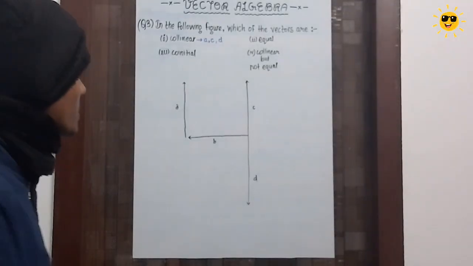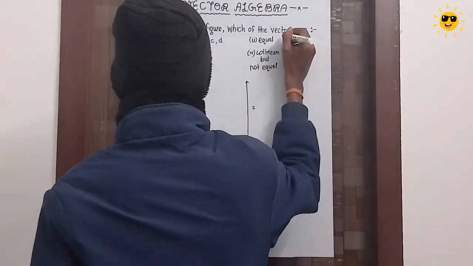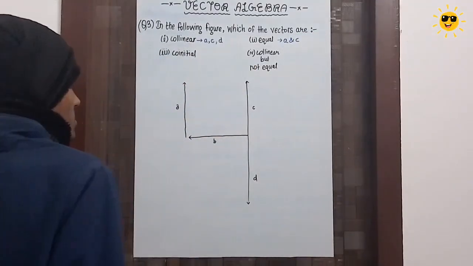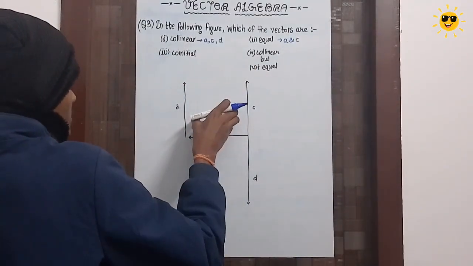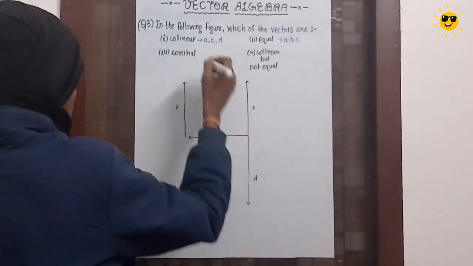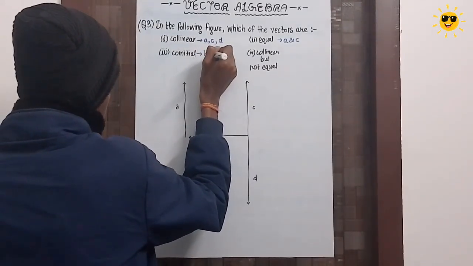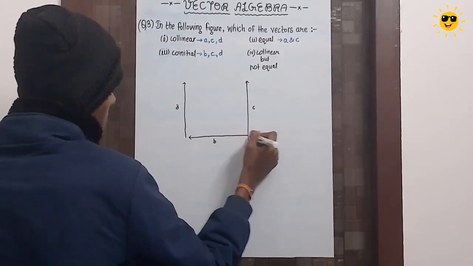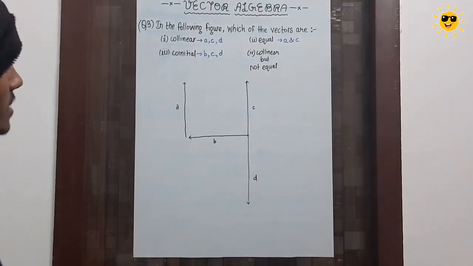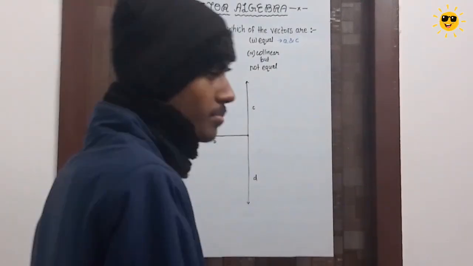Then comes equal vectors. There are two vectors which are equal, A and C, because their magnitude is equal, they have same support and they have same sense of direction. Then co-initial: B, C, D are co-initial because they all have the same initial point. And last but not least, collinear but not equal.